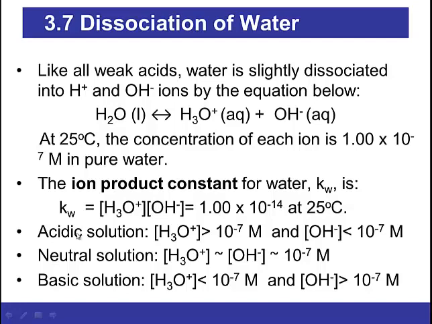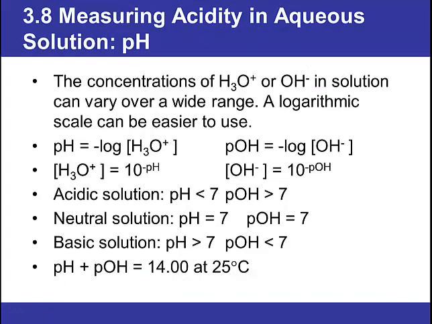So instead of evaluating our acidic, neutral, and basic solutions based solely on the concentrations of our ions, we actually start to use a log scale, and this makes it easier for us to deal with the concentrations, and we can use the log scale that will give us a logarithmic range from 1 to 14 for us to gauge what the pH is. So the pH is essentially related to the log of our concentration of our proton ions, or the hydronium ions that are present in solution. So the pH is equal to the negative log of our hydronium ion concentration.